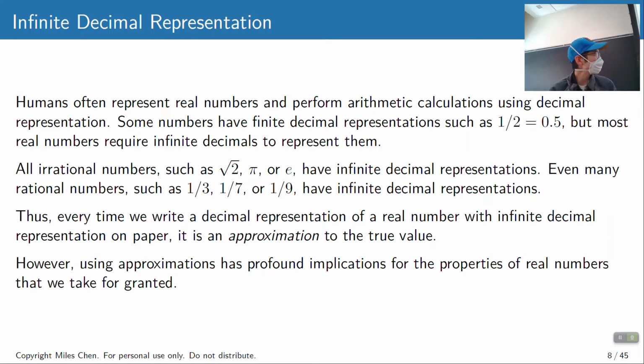And so when you write a decimal representation down on a piece of paper, you can't write infinitely many 3s, right? So you either have to do an approximation or some kind of mathematical notation. Maybe you put a bar over the 3 to indicate that they go on, or you can do ... to indicate that they go on, okay?